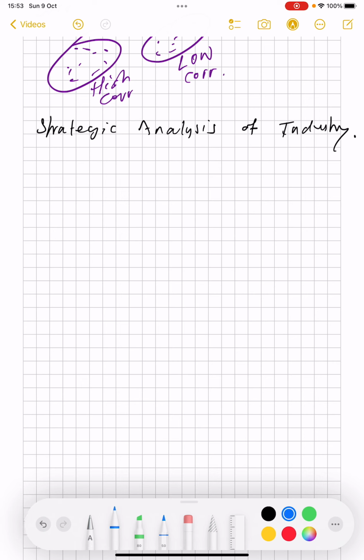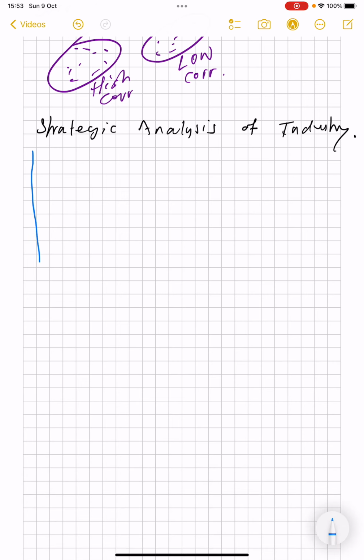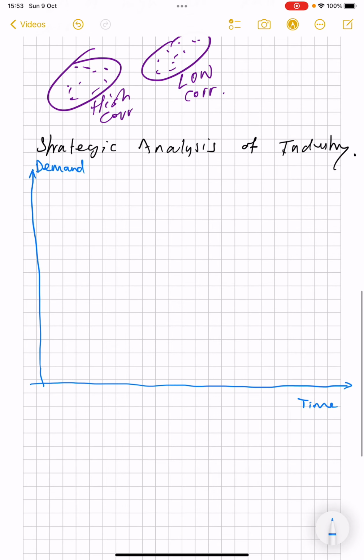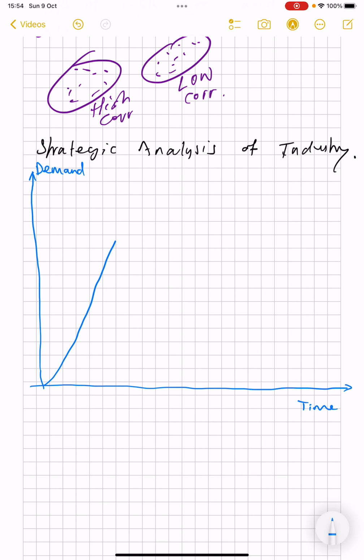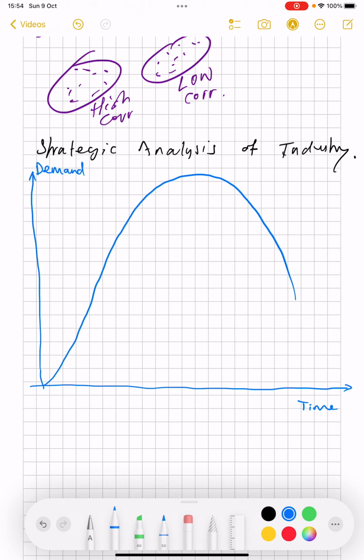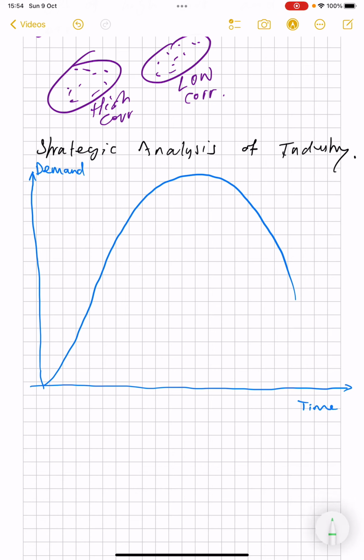Basically this will involve a demand versus time graph. All right, and let's explain the graph here.